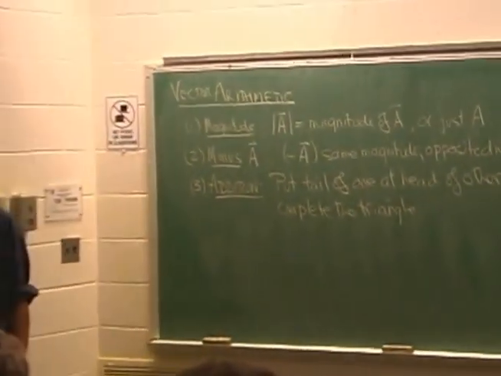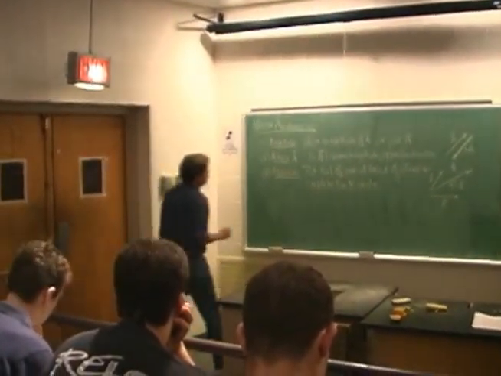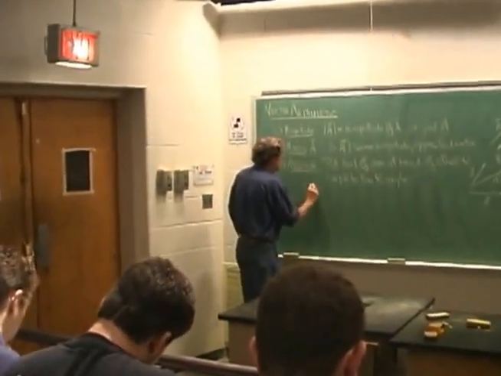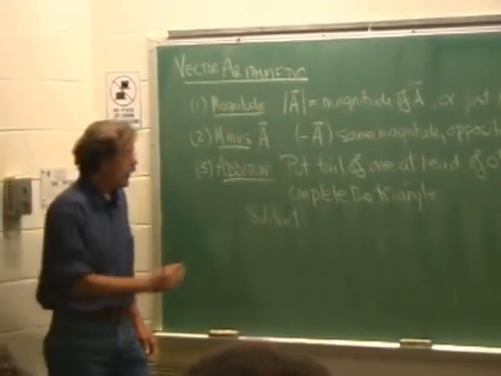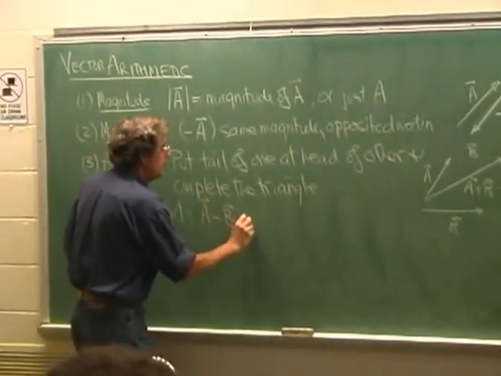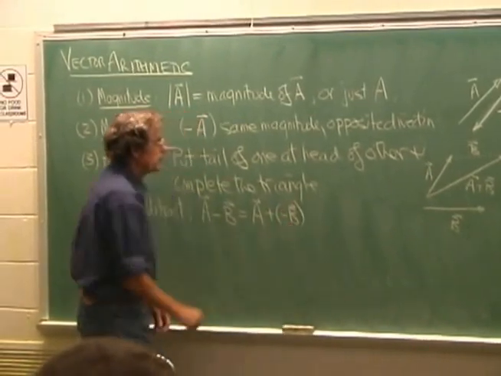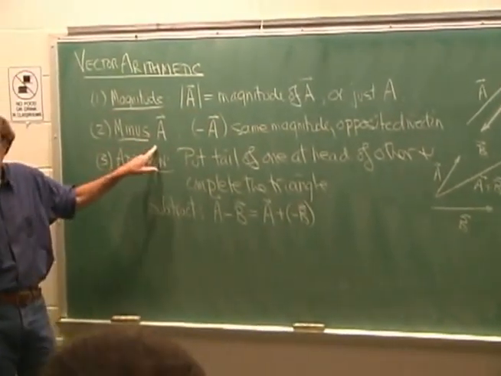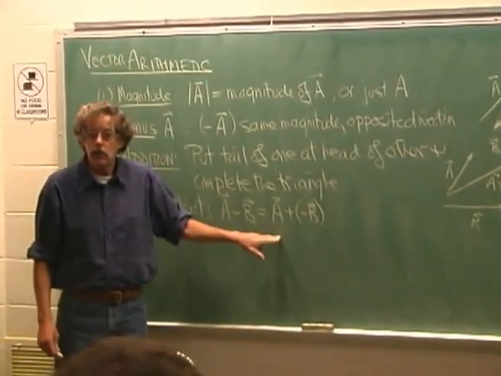Do I need to tell you how to construct the difference of two vectors, A minus B, how to subtract? I don't think so. A minus B would be A plus minus B. I know how to construct minus B, just draw the arrow with an arrowhead on the other end, and I know how to add those two vectors.